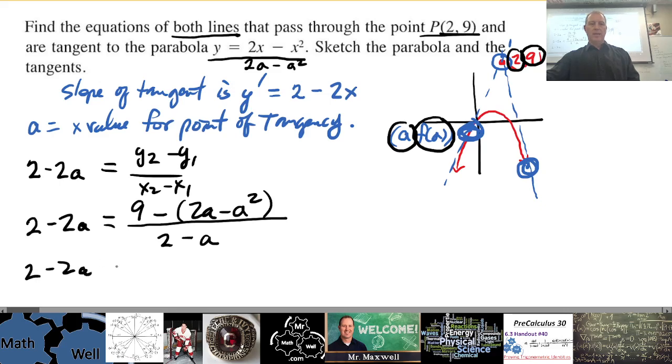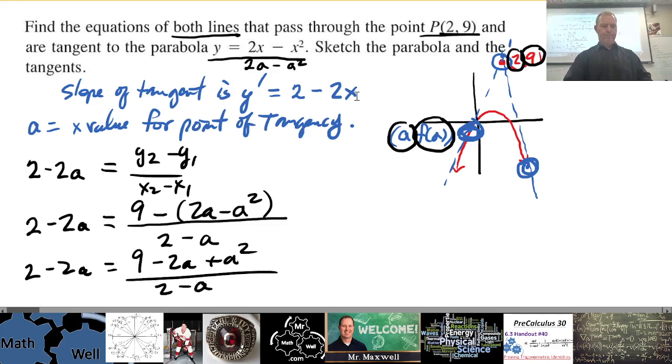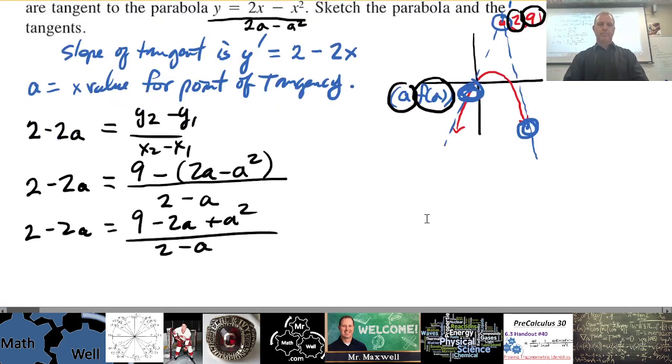So I'll leave that side alone for now. This is going to be 9 minus 2a plus a squared all over 2 minus a. Okay, might be a good idea to get rid of the denominator over here, right? And so we can gather some like terms. I don't want a denominator, so let's multiply everything by 2 minus a.